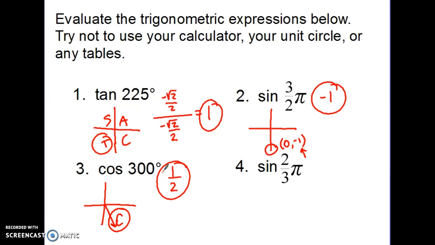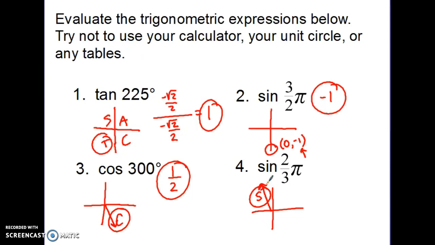All right. Sine of 2/3 pi. In what quadrant is 2/3 pi? Second quadrant, right. So we're right here. And again, if you think ASTC, sine is positive in the second quadrant. So this angle, 2/3 pi, is the next angle over from 90 degrees.